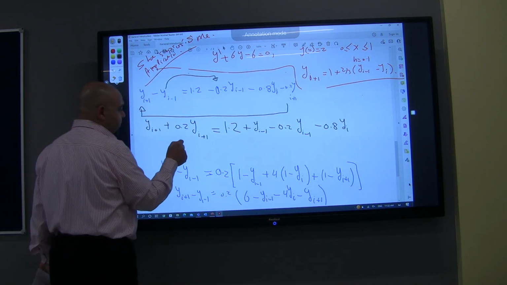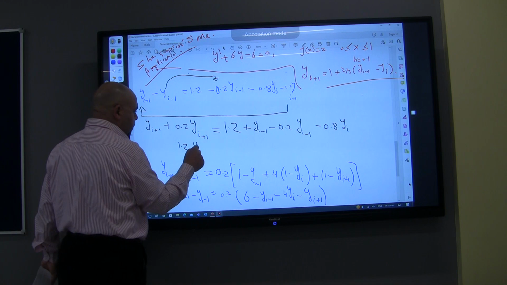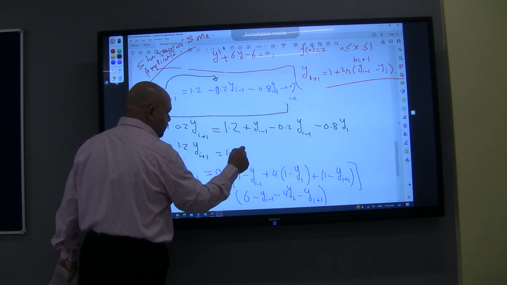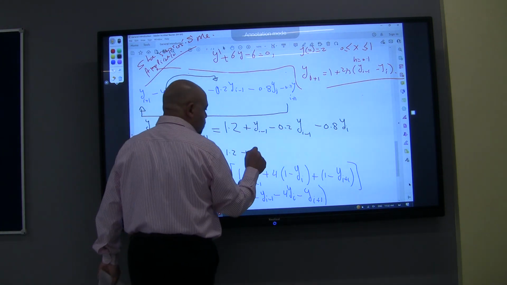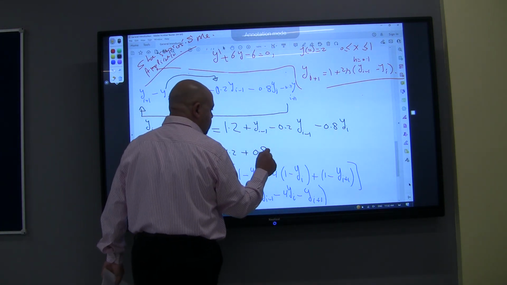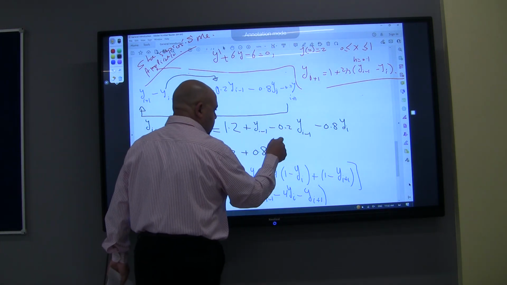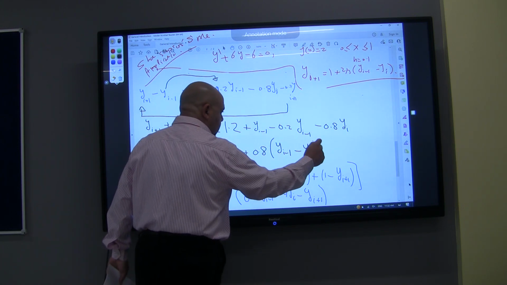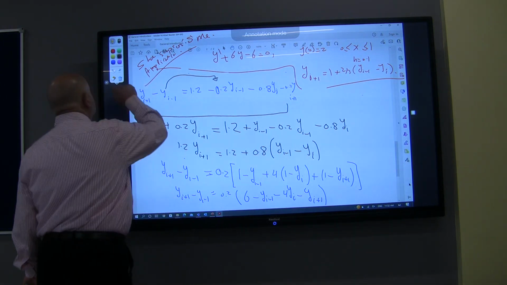Both of these together come up to 1.2 yi plus 1, which is going to equal 1.2. From these two parts, I can find 0.8 as a common factor from yi minus 1 minus yi in this manner. Okay.